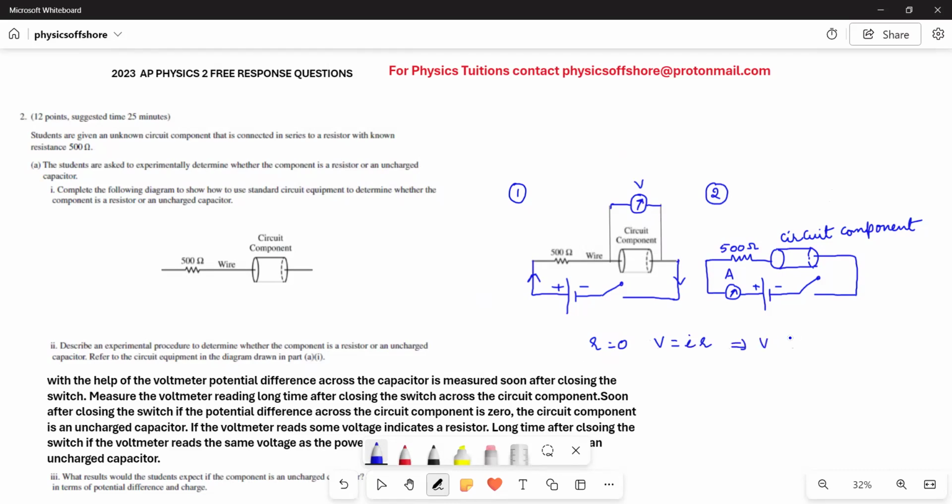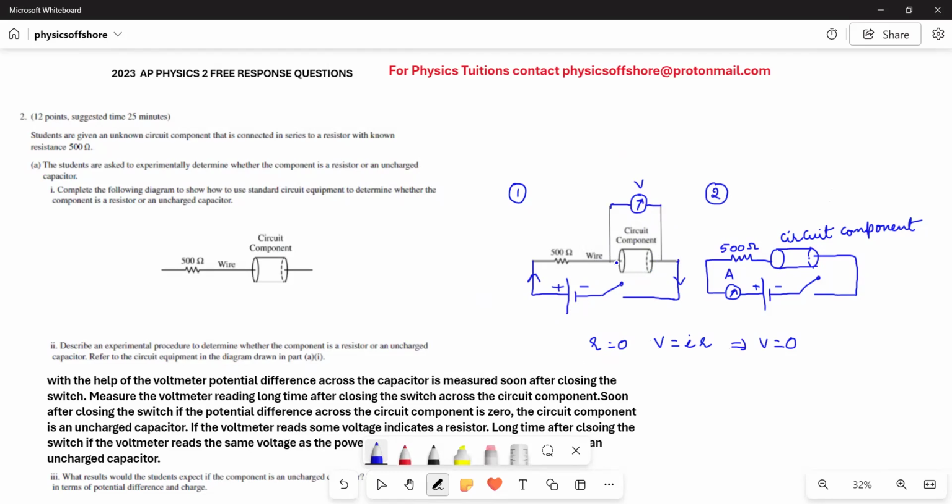The voltage will be 0. After a long time after closing the switch, what happens? The capacitor gets fully charged. Once the capacitor is fully charged, the voltage across the capacitor will be the same as the supply voltage.